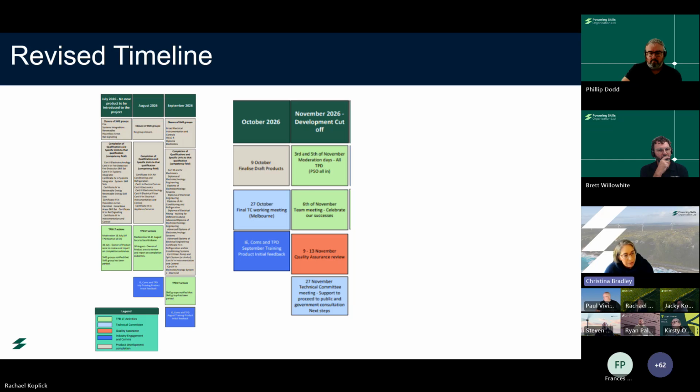Internally, we have implemented a number of moderation sessions with the TPD team and our quality assurance manager as well, to ensure that there is consistency in the language used in the training product. So that when you pick up the training product, especially your units of competency, and you go to your PCs, the PCs are written in a consistent manner.